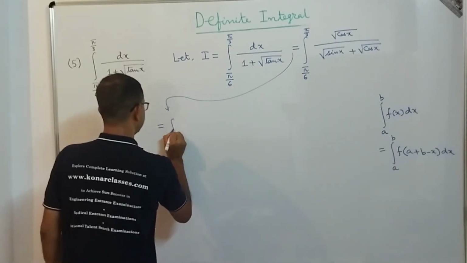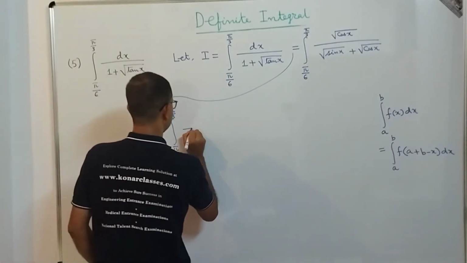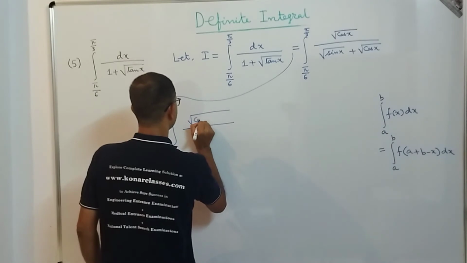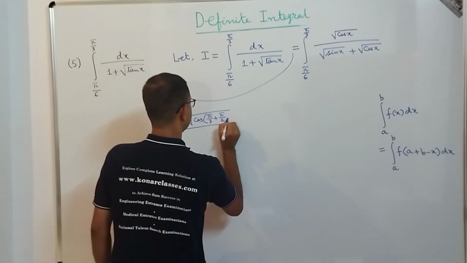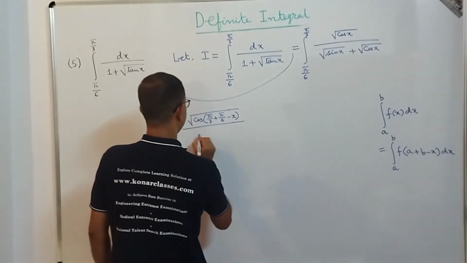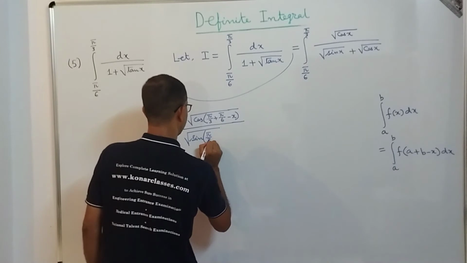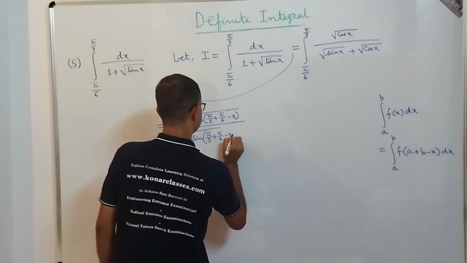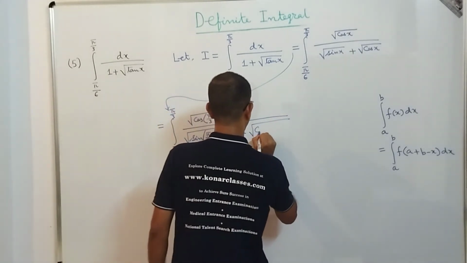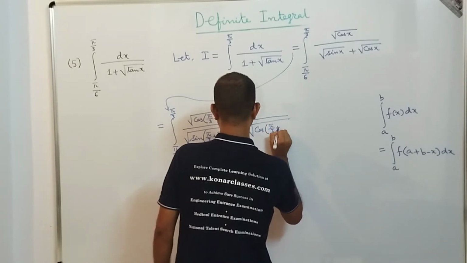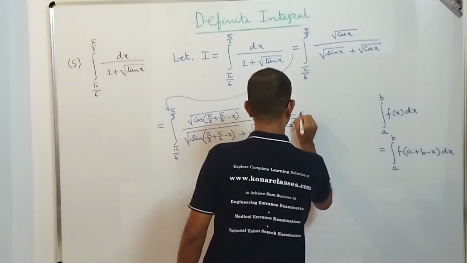This is equal to integration pi by 6 to pi by 3 square root of cos of (pi by 3 plus pi by 6 minus x) divided by square root of sin (pi by 3 plus pi by 6 minus x) plus square root of cos (pi by 3 plus pi by 6 minus x) dx.